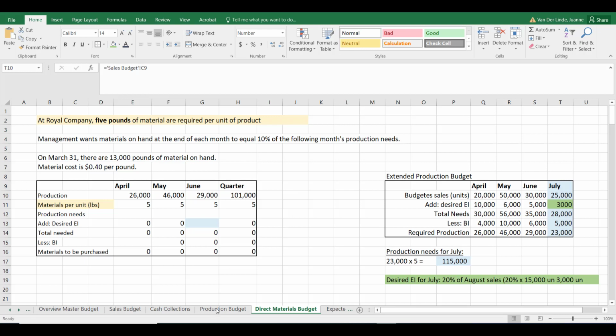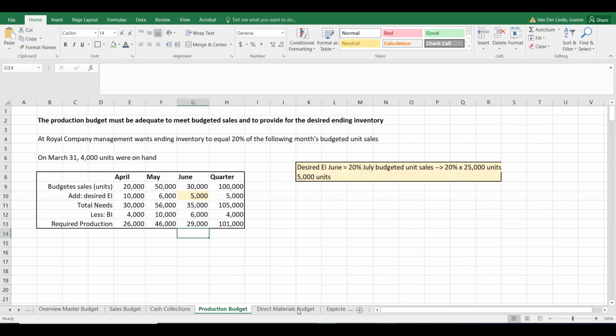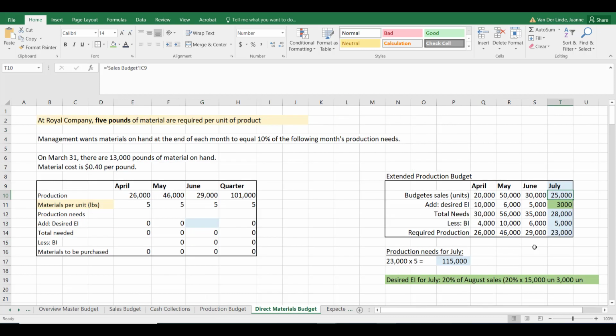So before anything, I've taken this production budget that we just completed and copied it over here on the right with one addition. I also did an extended production budget including July. So July's budgeted unit sales are 25,000 plus the desired ending inventory. Remember, management wants ending inventory to be 20% of the next month's budgeted sales in units.